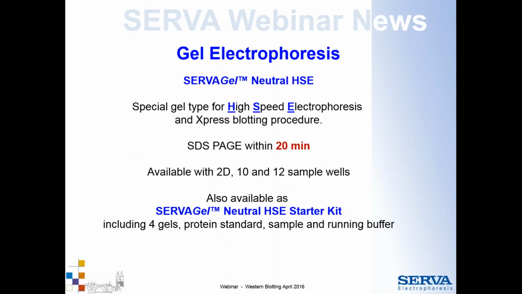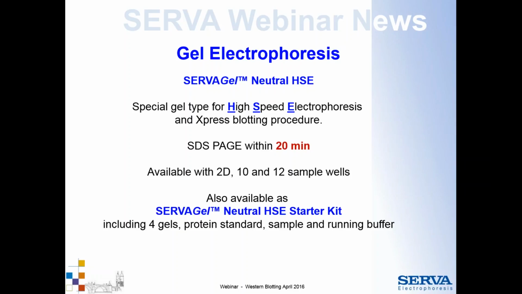Okay, so to speed up your SDS page, it is possible to use, for example, the SERVA gel neutral HSE gels, where HSE stands for high-speed electrophoresis. These gels allow SDS page within 20 minutes, and the gels are available either with 10 or 12 sample wells, or also for special applications with a 2D well.